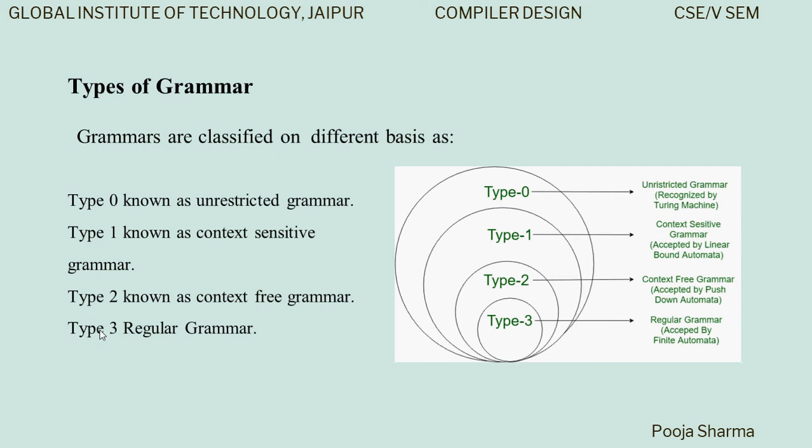So most of the time we will restrict ourselves to type 2 grammar, that is context free grammar, because programming language constructs belong to this particular category. So this is the type of grammar.